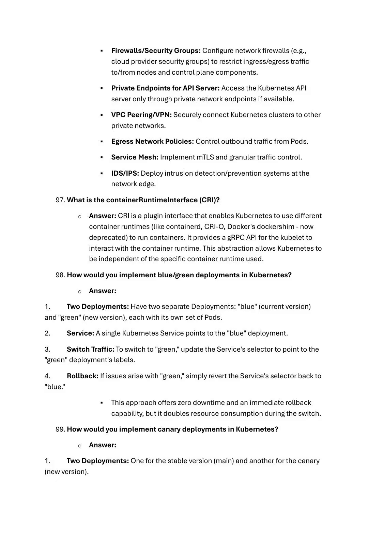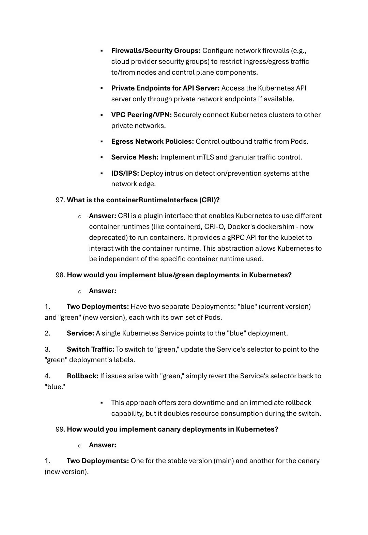98. How would you implement blue-green deployments in Kubernetes? Answer. 1. Two deployments. Have two separate deployments. Blue, current version, and green, new version, each with its own set of pods. 2. Service.